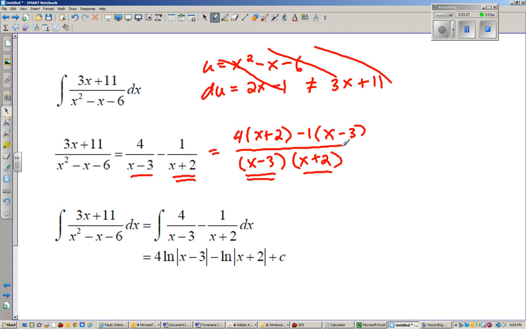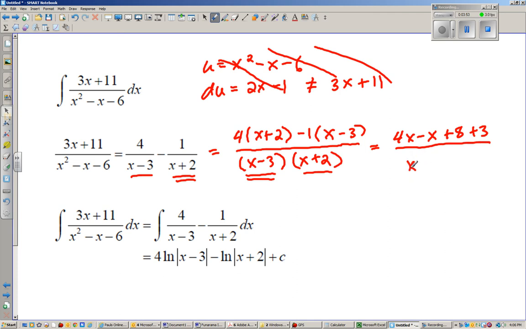Now, take what I've got here with the common denominator and multiply out the numerator, and wouldn't you get 4x from the first term minus an x from the second? And wouldn't you get from the first term 4 times 2 is 8, and from the second, minus a minus 3 or a plus 3? And wouldn't that be over my denominator when multiplied out?